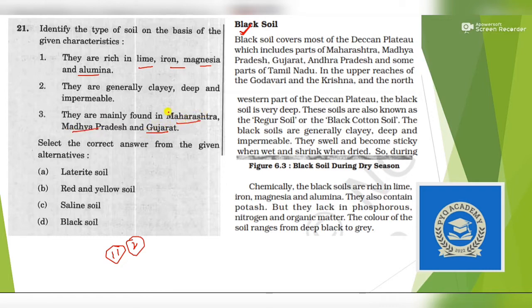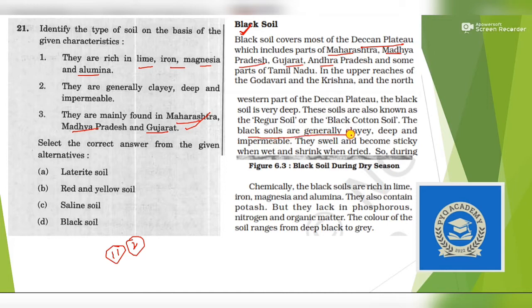All these characteristics are given in the column of black soil. You can see here that black soil covers most of the Deccan part of Maharashtra, Madhya Pradesh, Gujarat, Andhra Pradesh. So this option is correct. Next option, they are generally clay, deep and impermeable. Yes, here you can see black cotton soil.